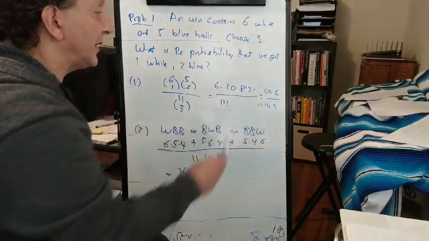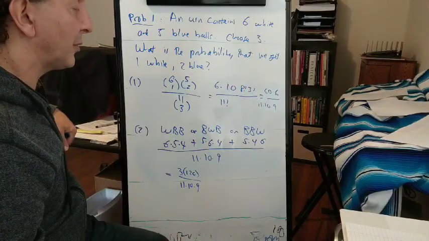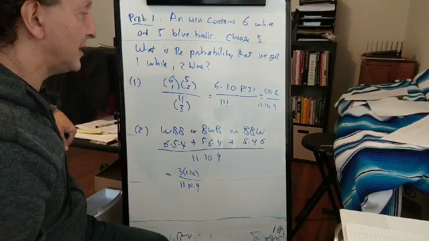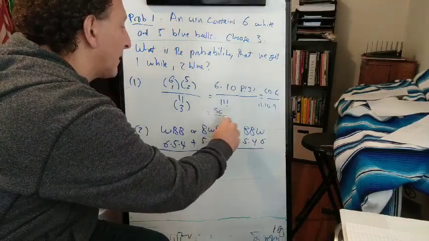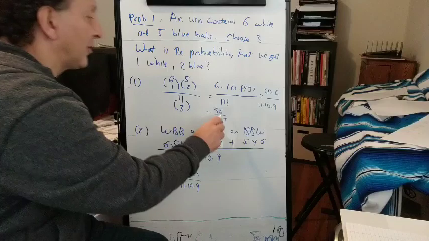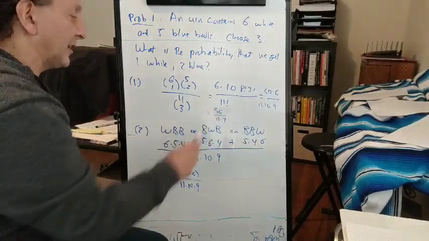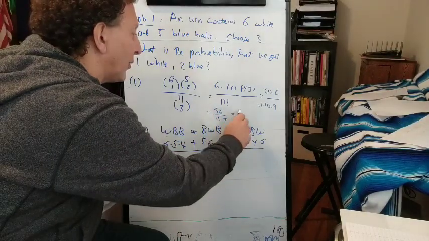Alright, 10 and 60 cancel, giving us 6 on top, so 36 over 11 times 9. And then we can cancel 9 out of the 36 on the 9, and we get 4 over 11.